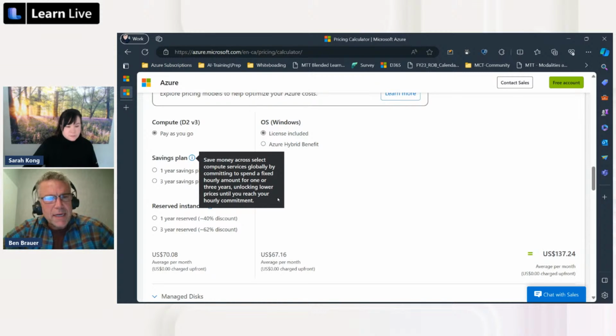It's really based on the way you want to use the compute services. Once you have a sense for that, you can select either a 1 year or a 3 year savings plan, which gives you a certain number of hours in that plan that will allow you to save money because there's a certain commitment there.